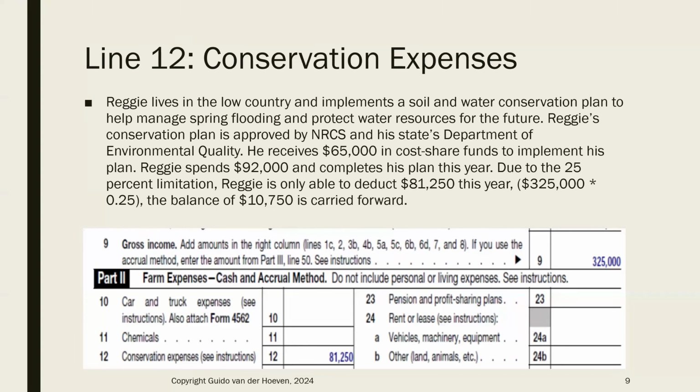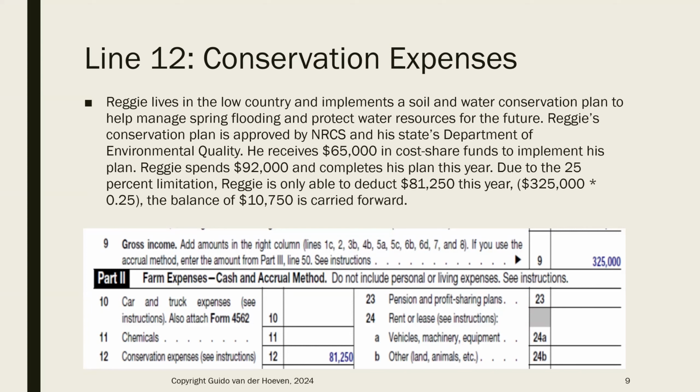He received $65,000 in cost share to implement the plan. He actually spends $92,000 and he completes the plan. So due to the 25% limitation, he got some cost share, didn't pay for all of it, but he's going to be limited. Reggie is only going to be able to currently deduct $81,250, as you can see illustrated there in the box for line 12.